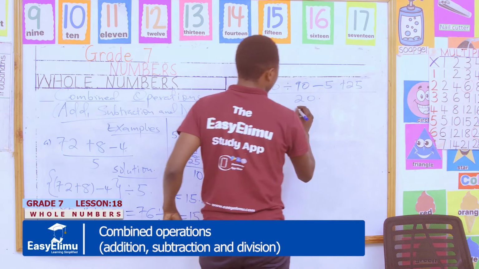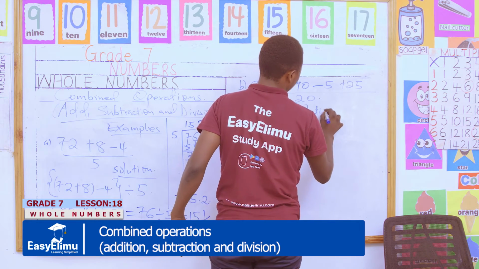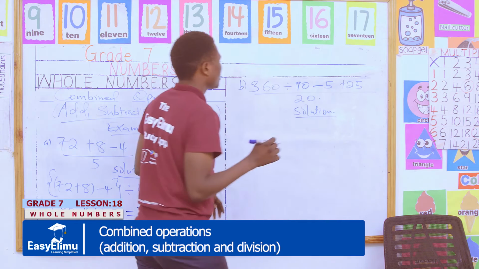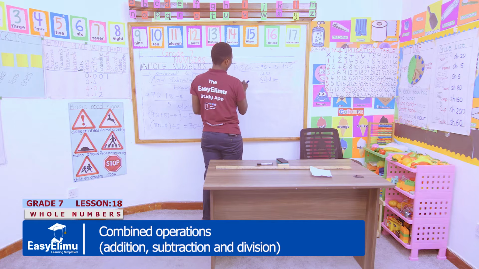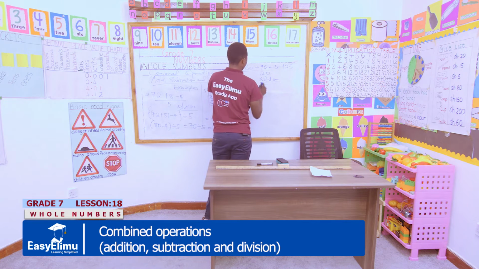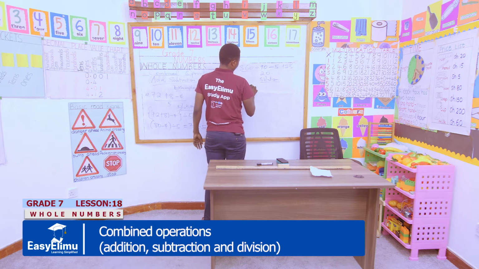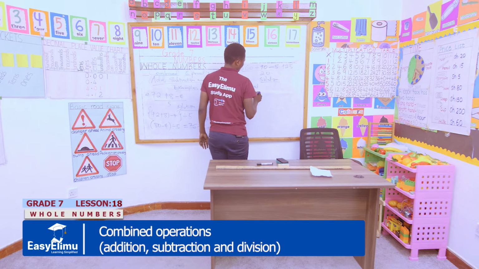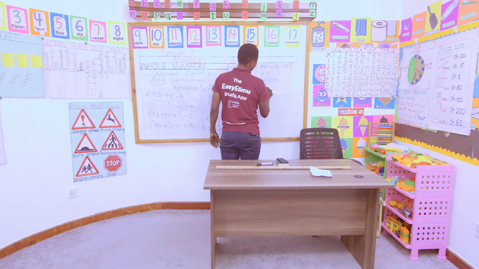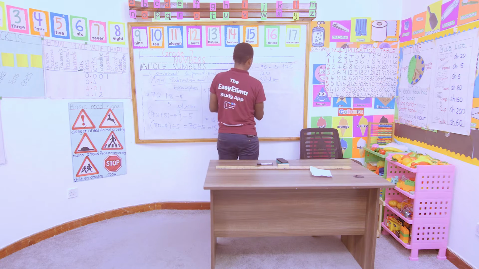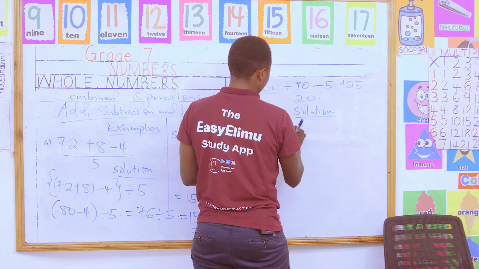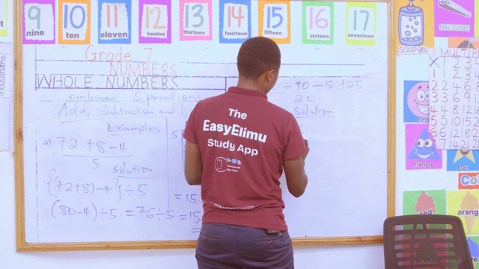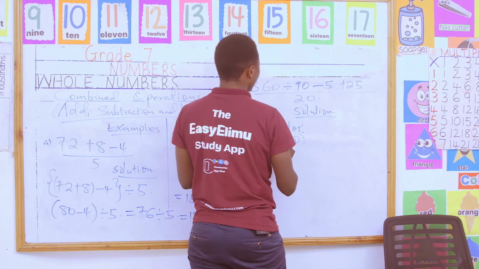So, solution. Allow me to rewrite that question like this. Following BODMAS on the numerator alone. If you follow BODMAS, you shall take 360 divided by 90 first.